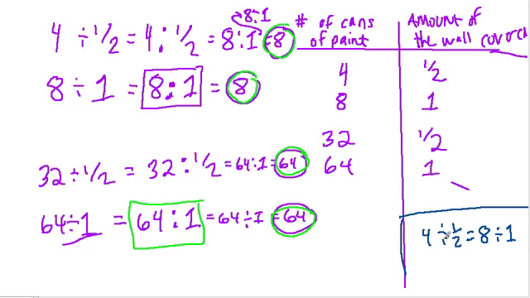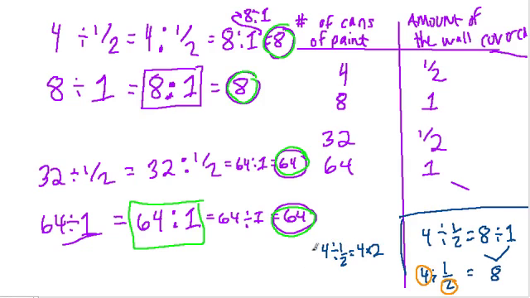So somehow 4 divided by a half gives us 8 divided by 1, and 8 divided by 1 is just 8. So somehow 4 divided by a half is just 8. And you might see, oh, well, I know that 2 times 4 is 8. So that means that somehow, and this is where things get, I think, fun and interesting, 4 divided by a half is the same thing as 4 times 2. And that's something to think about.